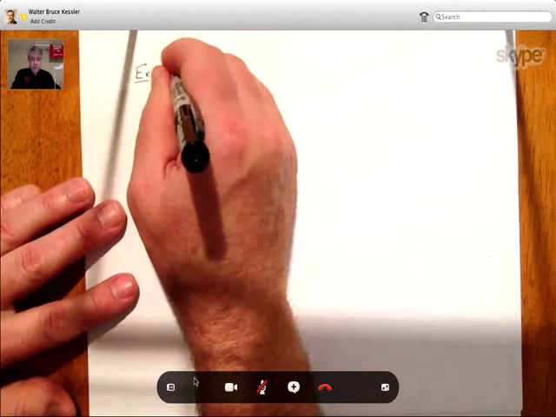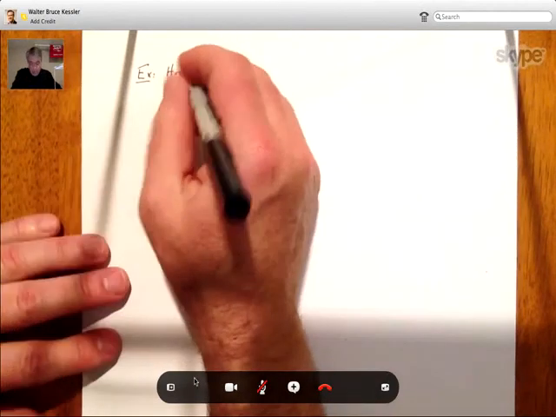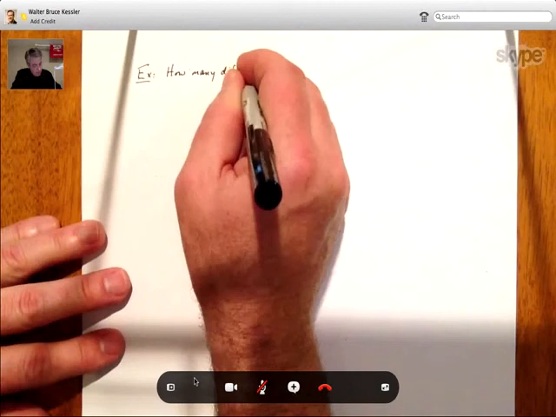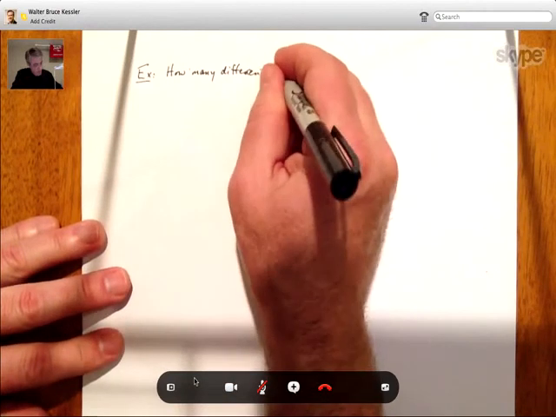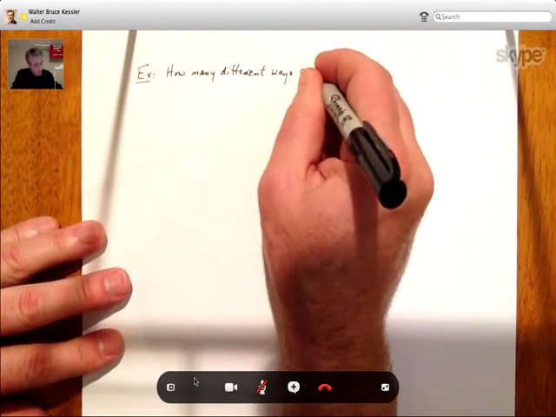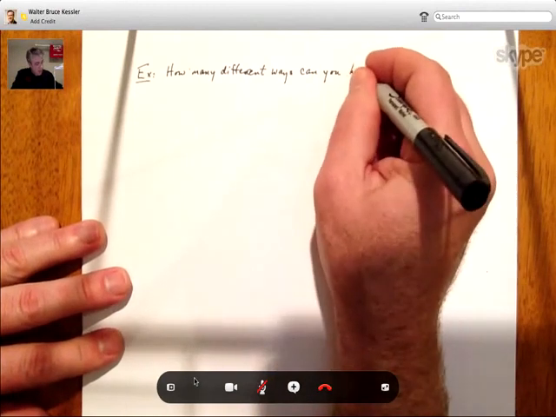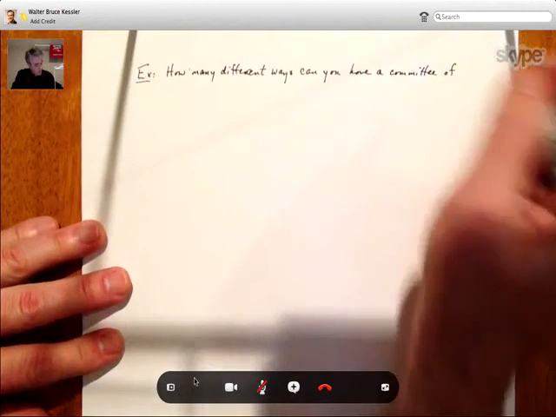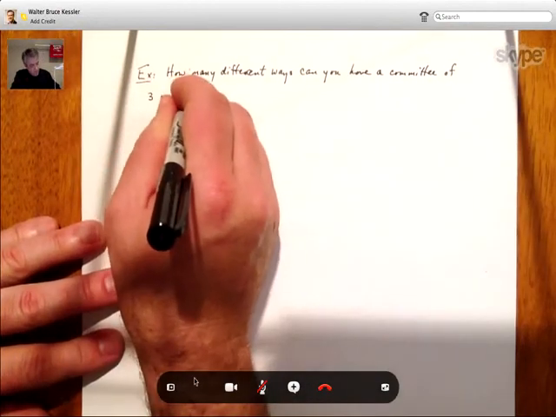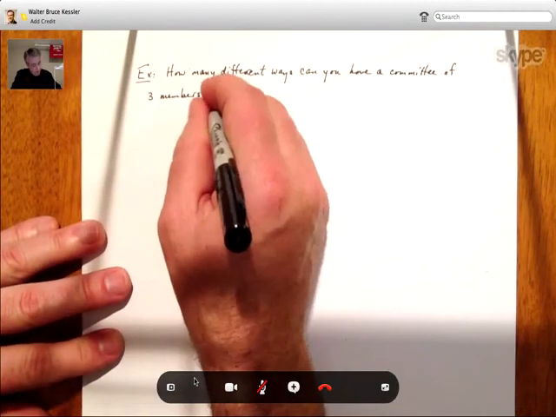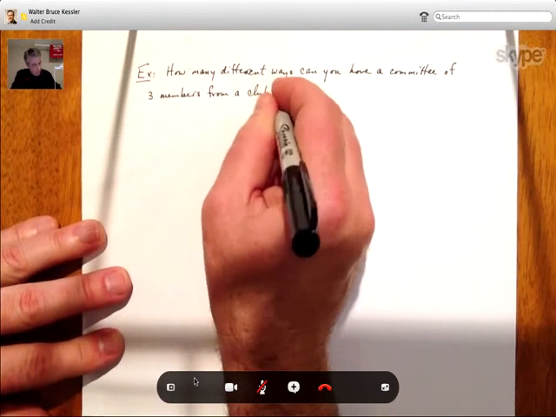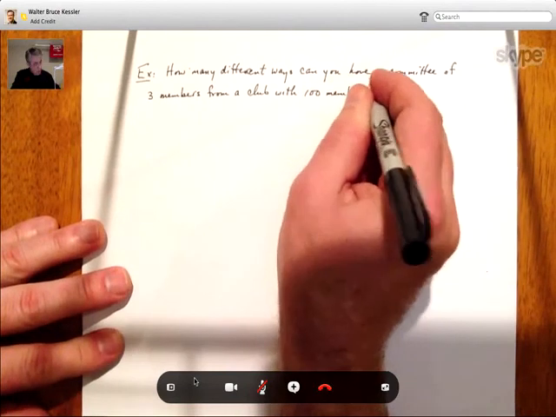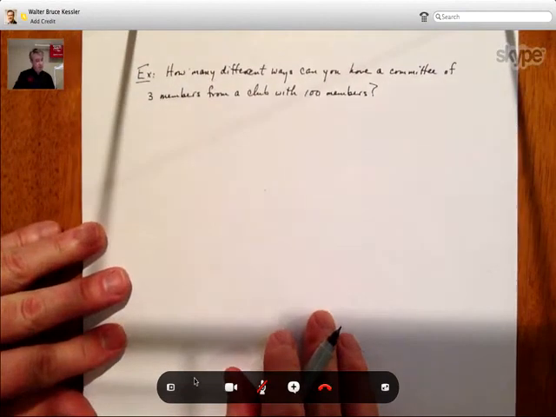An example of this would be something like: how many different ways can you have a committee of 3 members from a club with 100 members?